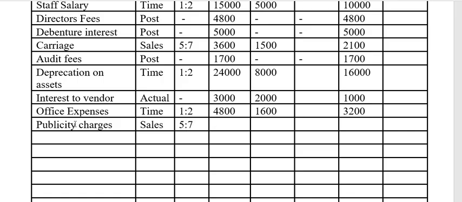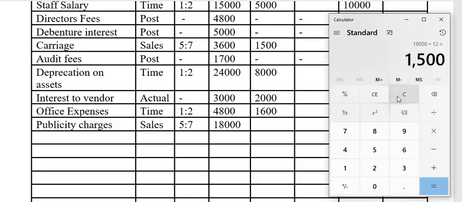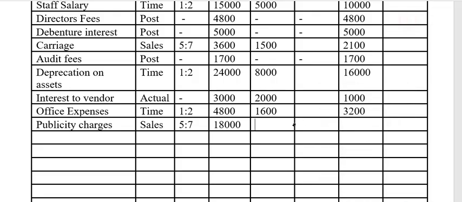So in pre-incorporation, we get 18,000 multiplied by 5 divided by 12. 7,500 is of pre-incorporation.